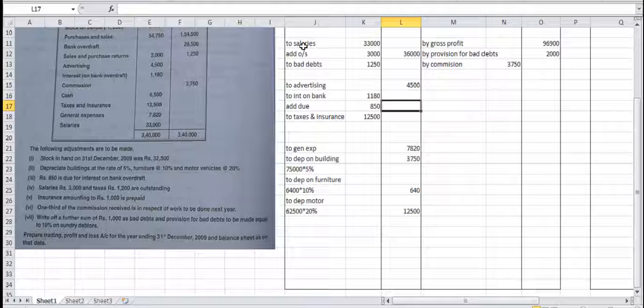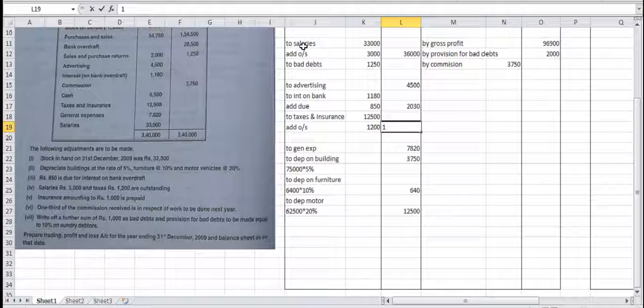Here also you can add 2,030. Now taxes and insurance also have outstanding. Add outstanding 1,200.